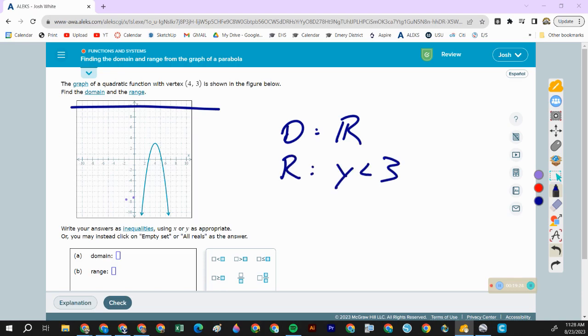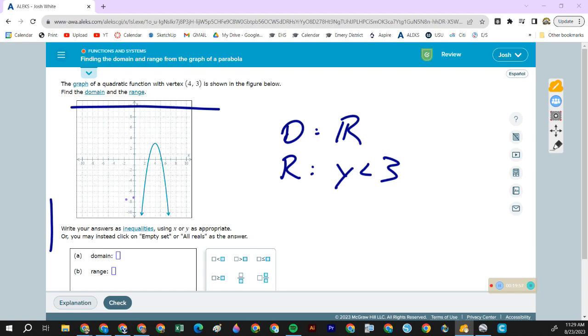Is it equal to 3? Is there a graph at 3? Yes. The only time there won't be a graph is if they tell you there's not a graph, if they put an open circle. Okay? So if you're wondering, does it hit 3? The answer is yes. The only time it wouldn't is if they specifically tell you that it doesn't. Okay? So we are going to label these as all real numbers and y is less than 3.